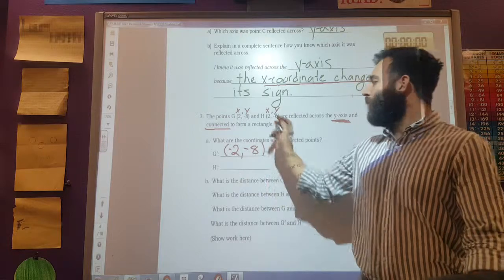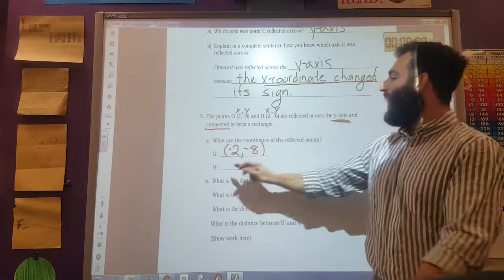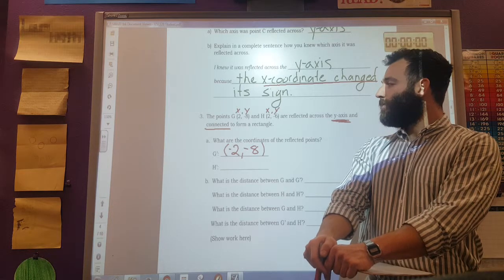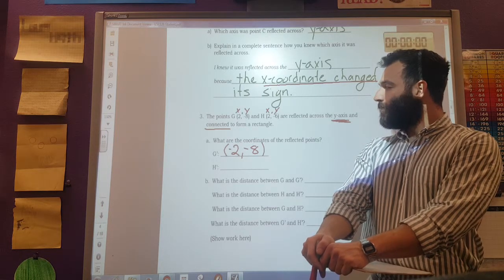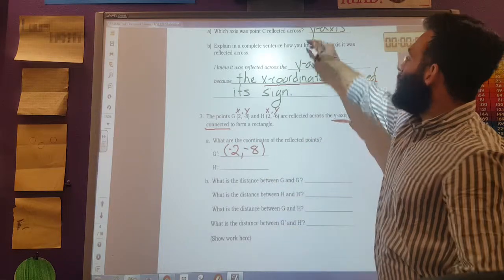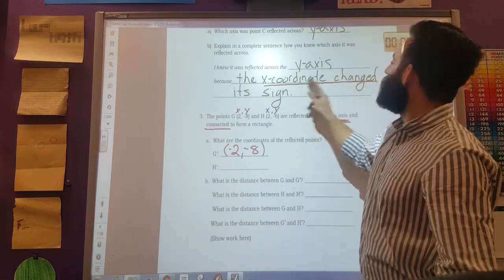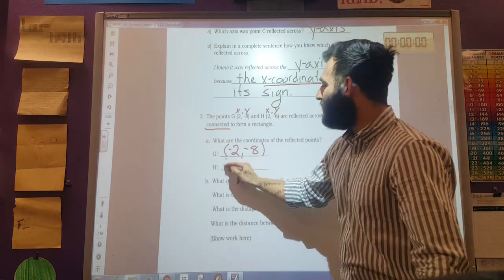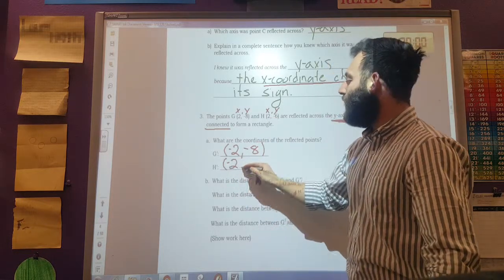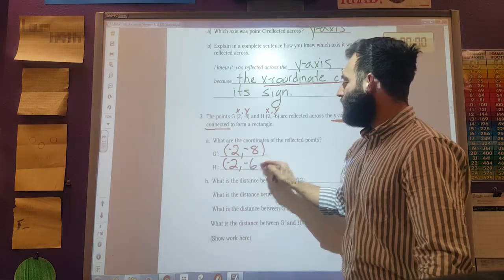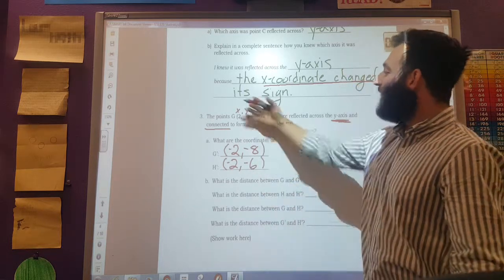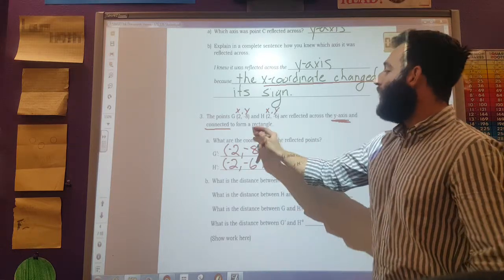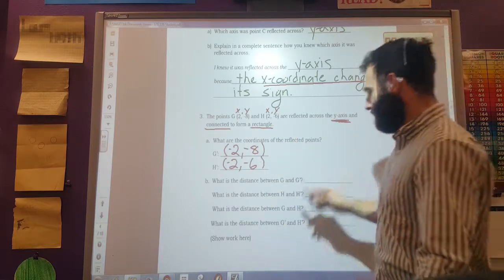So go ahead and write the new coordinate for H1. Since I know that if I reflect across the y-axis, the x-coordinate is the one that changes its sign, I know that that 2 is going to become a -2, and my new point is going to be (-2, -6). So I have now my 4 points, my 4 vertices, which is important for forming a rectangle.